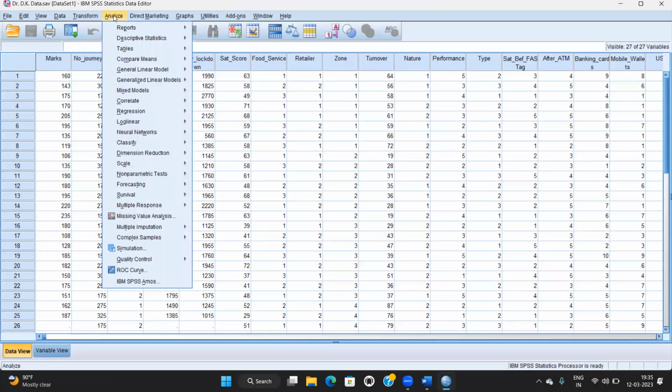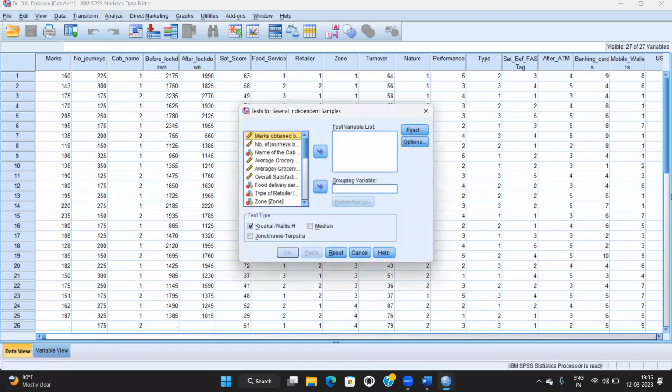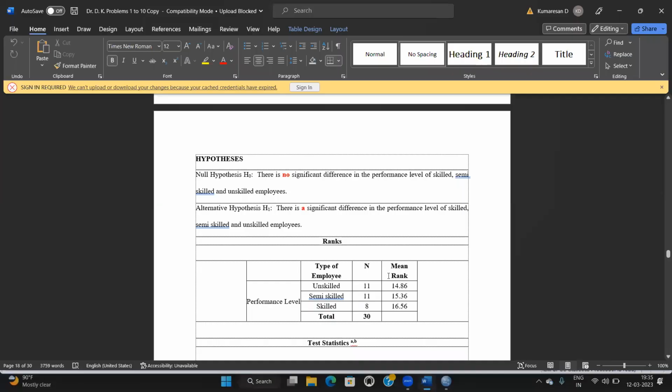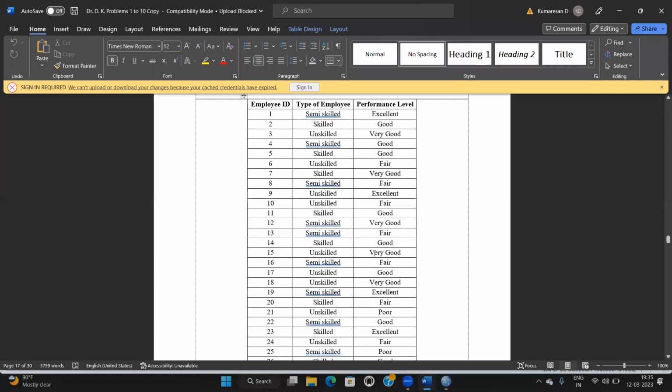Once again, analyze, non-parametric tests, legacy dialogues. Now you select K independent samples. Here also the samples are independent. Why? Skilled, semi-skilled, and unskilled. A skilled employee cannot be regarded as semi-skilled.